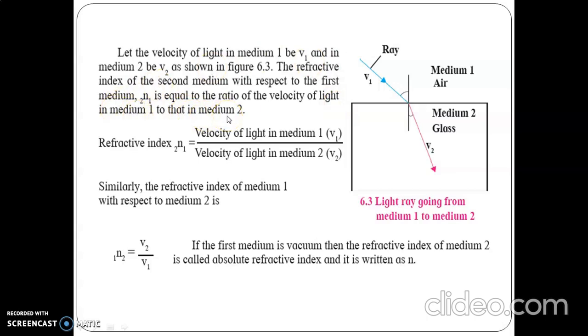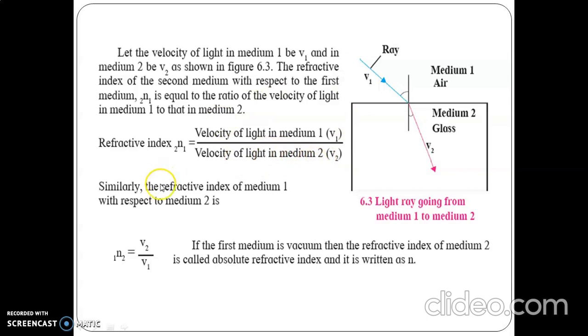Okay, so when I want to find the refractive index of the medium, it is a ratio. Ratio of what? Ratio of velocity of light in the two mediums. So the refractive index of the second medium with respect to the first is equal to the velocity of light in medium 1, that is v1, divided by the velocity of light in medium 2, that is v2.